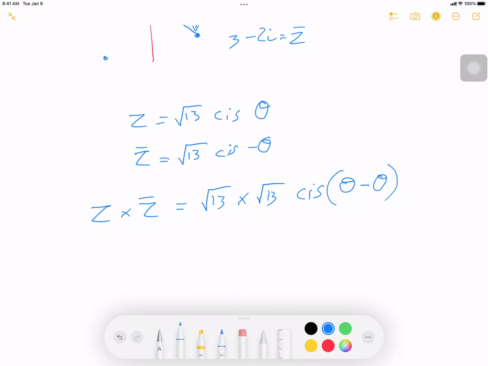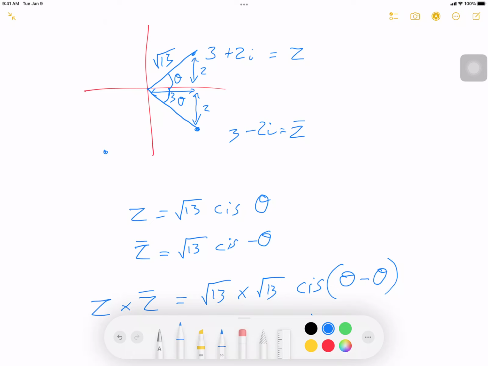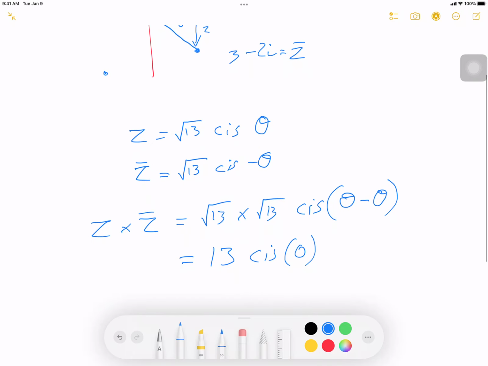So when you multiply polar numbers, you multiply their magnitudes and you add their arguments. Make sure you say that up. So the square root of 13 times the square root of 13 is going to be 13, and we've got cis of, that's always going to be 0, isn't it? Because those are always going to be the same angle, they're always going to have opposite sides, and so when we add them, we're going to get 0.